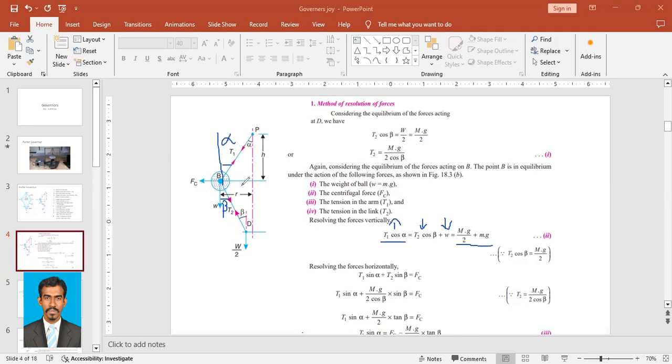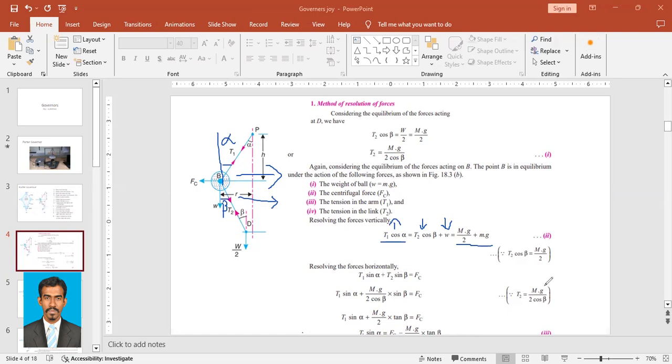T1 sine alpha plus T2 sine beta are acting the other way. So when we resolve it, we will have T1 sine alpha plus T2 sine beta is equal to Fc. Since weight is acting vertically downwards, it will not affect this horizontal equation.